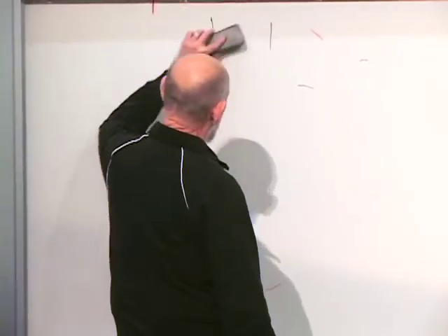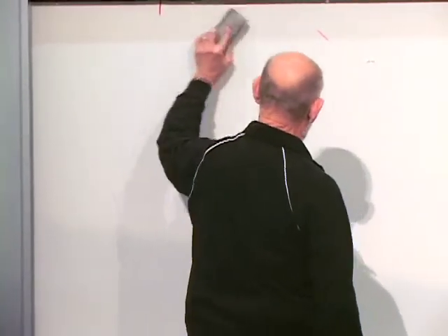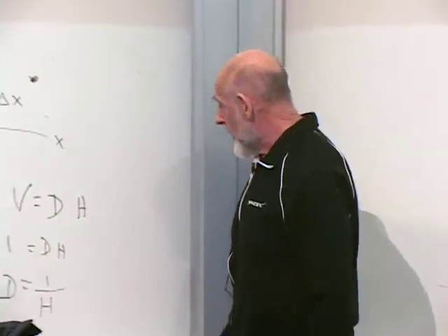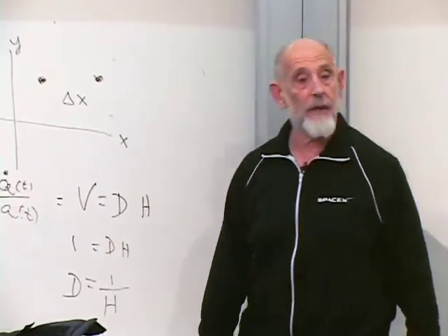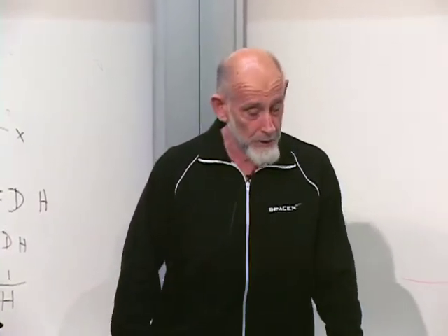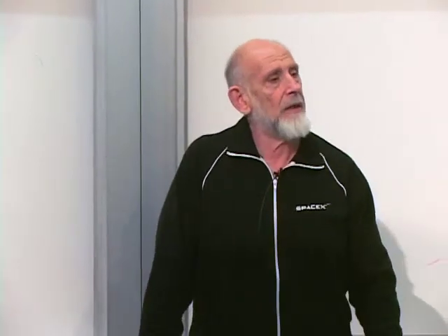I'm not going to tell you how, we're not getting into observational cosmology here. But there is very strong evidence that we live in a universe where the Hubble constant is tending to a true constant. So let's investigate the consequences of a universe in which the Hubble constant is constant and ask what it's like.